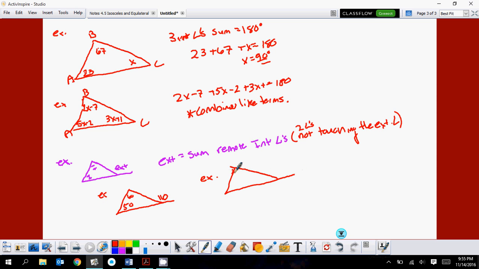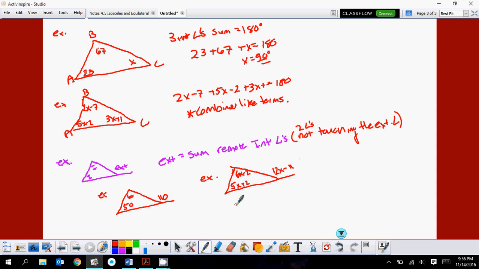So let's say that I tell you that this is 6x minus 2, this is 5x plus 2, and this is, I'm trying to think of something here. Let's see, 12x minus 11?